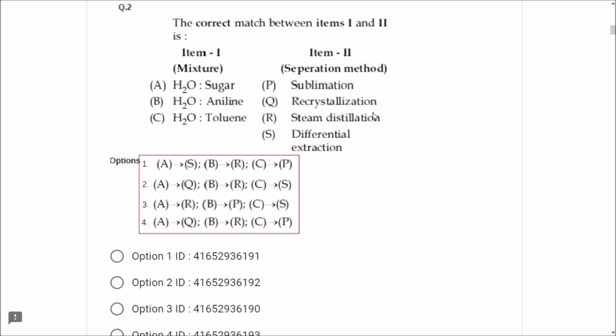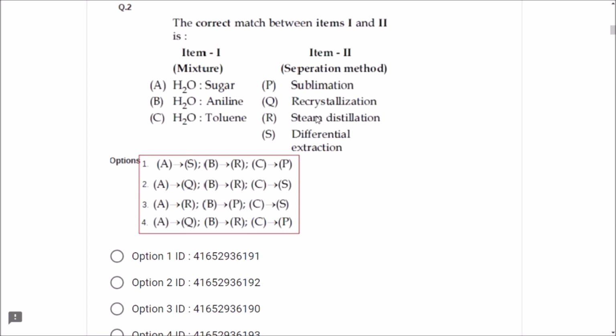Then what is left? Recrystallization. Aniline and toluene are liquids, so these two cannot be recrystallized. Then the leftover is sugar. Sugar is solid. Yes, it can be recrystallized. That means the water sugar mixture can be recrystallized.